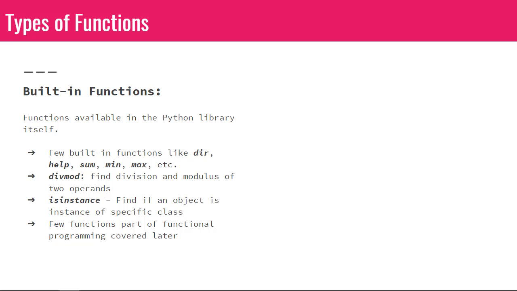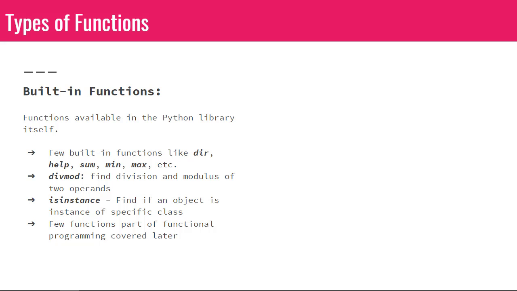There are also a few built-in functions which can be used to program in a functional style. This is a totally different programming style and we will cover them in a separate video lesson. There are built-in functions map, filter, and reduce, which can be used to write programs in a functional programming style.